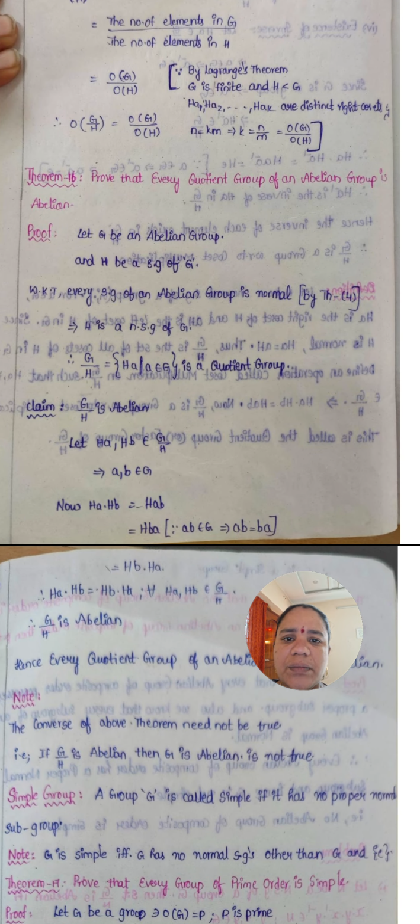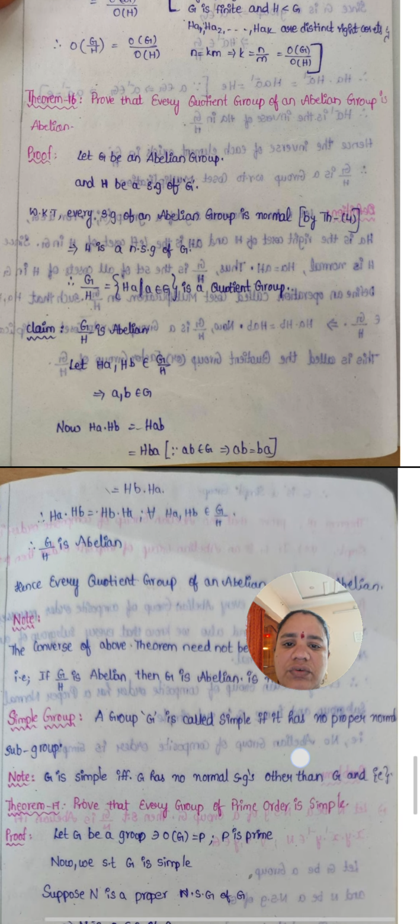Next theorem: prove that every quotient group of an abelian group is abelian. Let G be an abelian group and H be a subgroup of G. We know that every subgroup of an abelian group is normal, so H is a normal subgroup of G, and G/H = {Ha such that a belongs to G} is a quotient group.